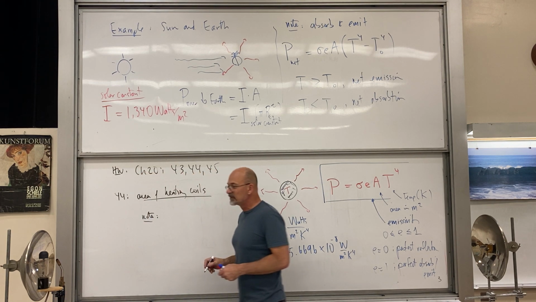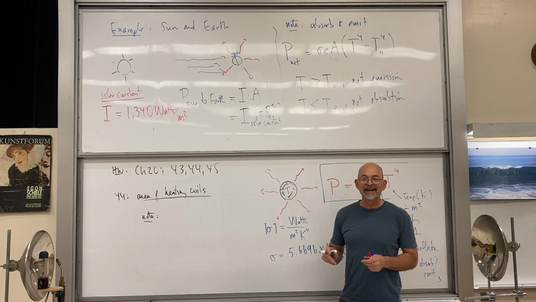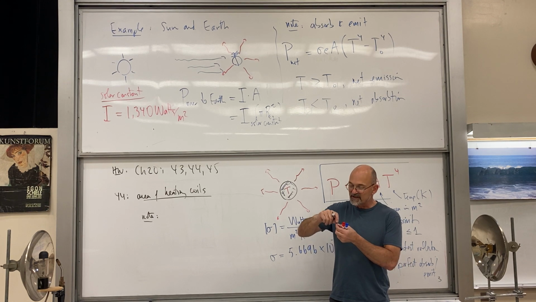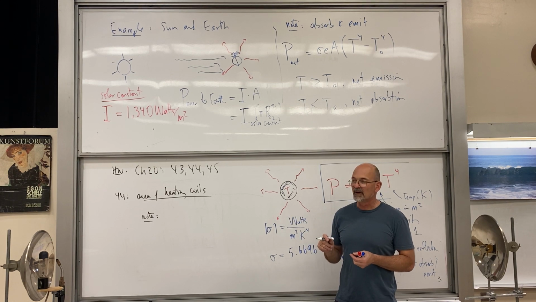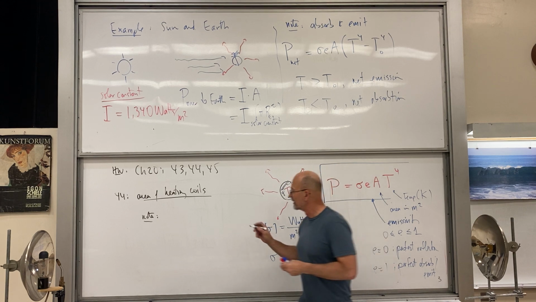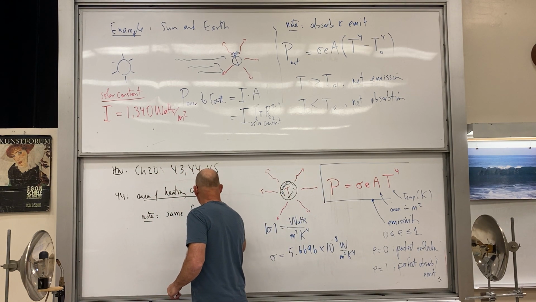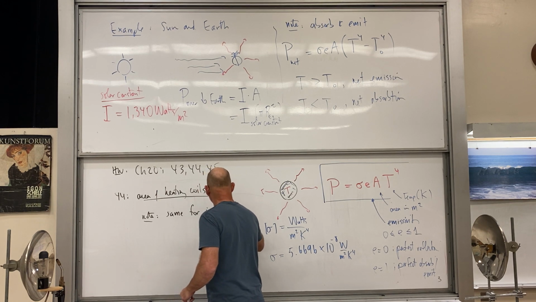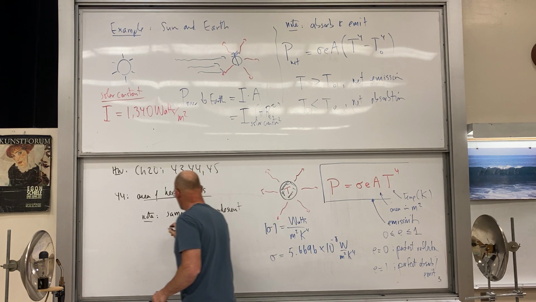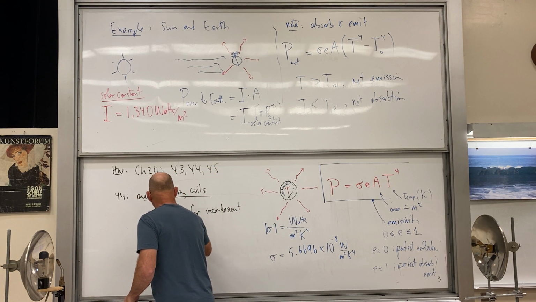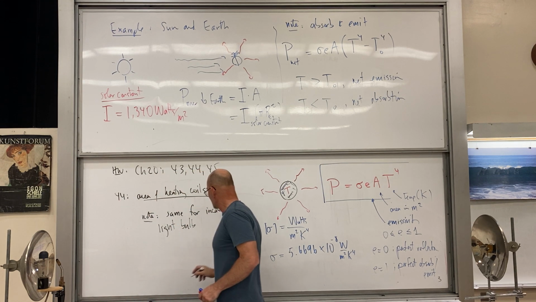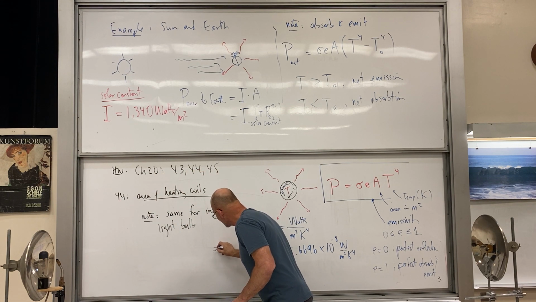Now you can do the same problem for, say, an old incandescent light bulb, which has a very tiny heating coil. Okay, it doesn't have a heating coil, it has a filament. Same for an incandescent light bulb. We'll just draw one. Okay, there's the shell, and you've got a light bulb here, right?